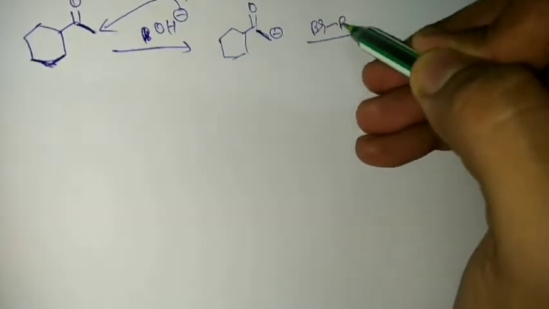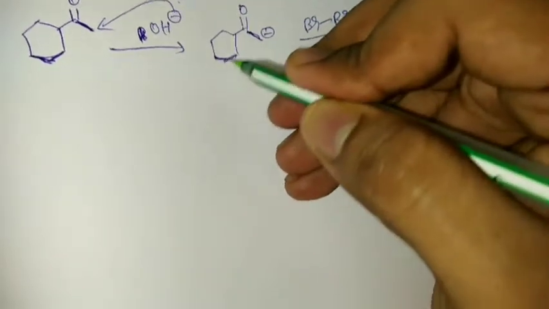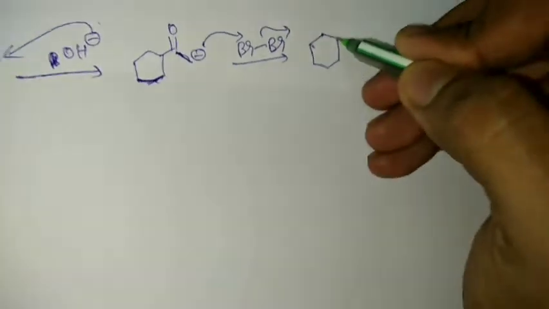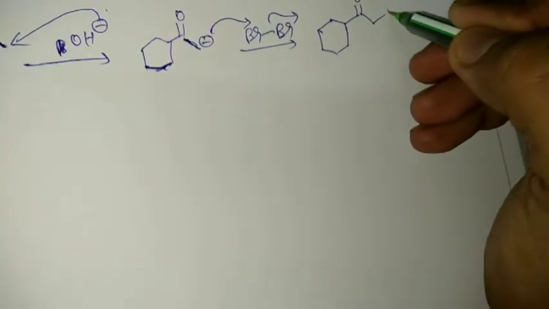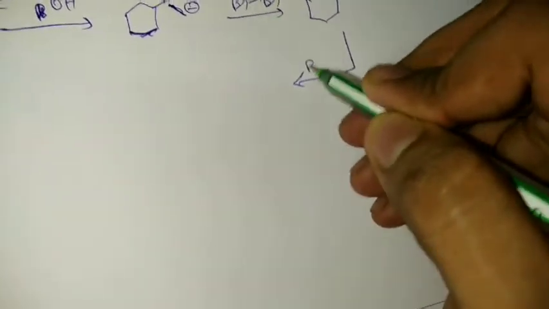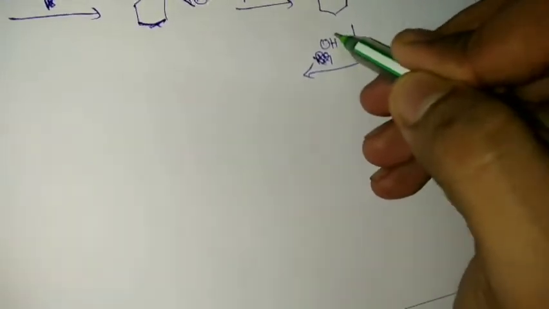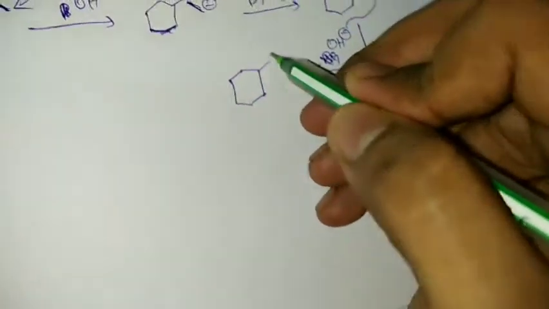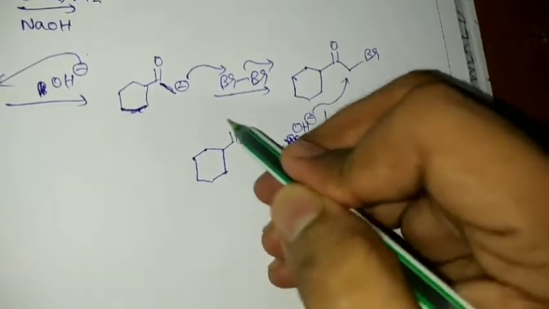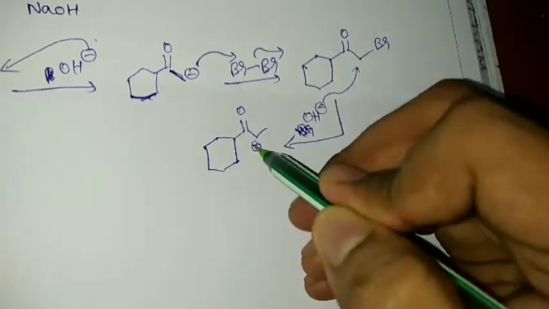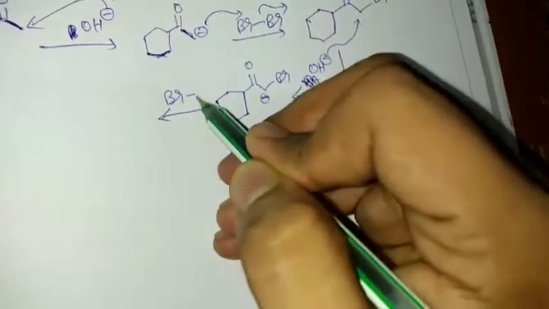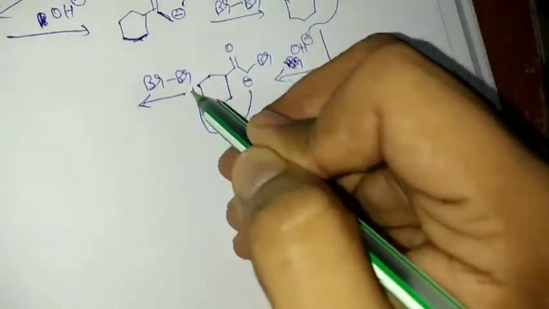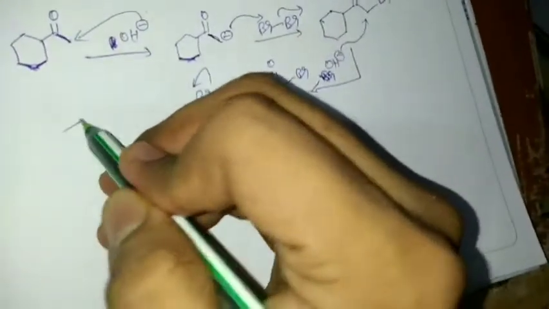This attacks the Br2 molecule, and it goes like this, giving the Br product. Similarly, OH minus comes and attacks until the hydrogen is completely used up in the reaction. The reaction goes on. This goes again to the Br. So it will come and attack this one. This leaves. So what will happen?